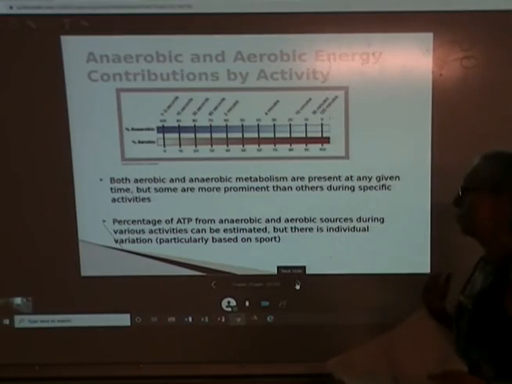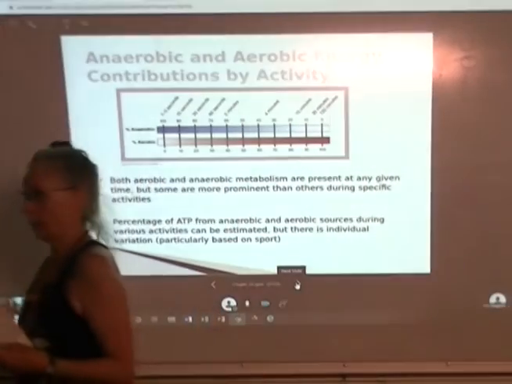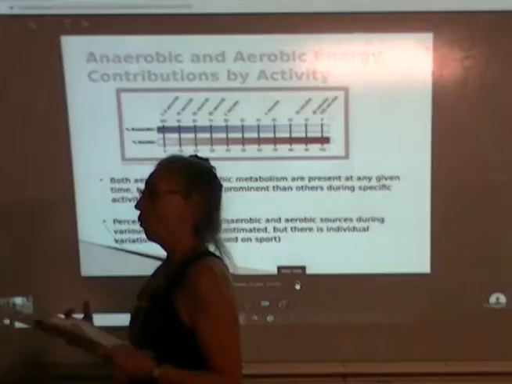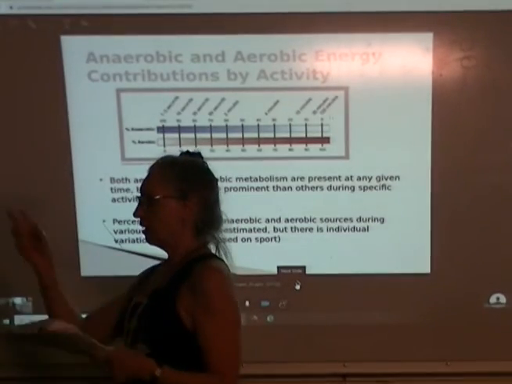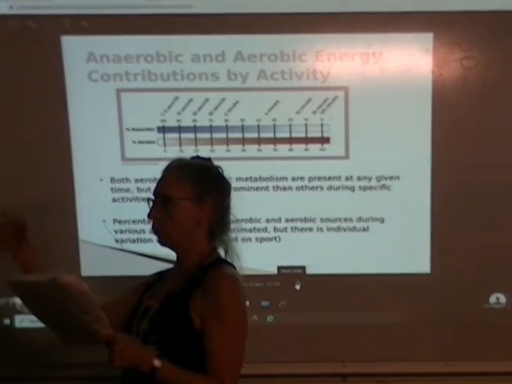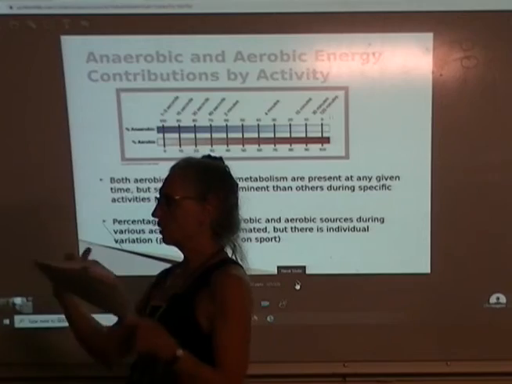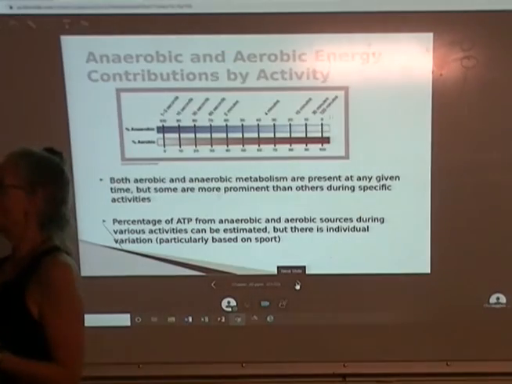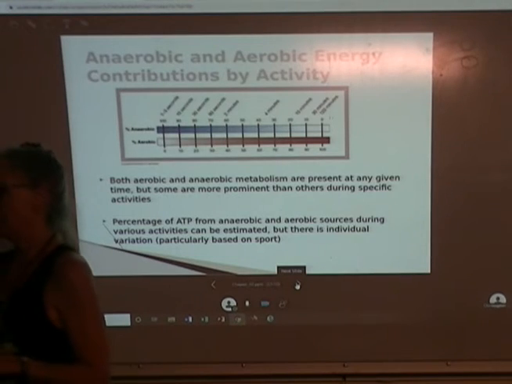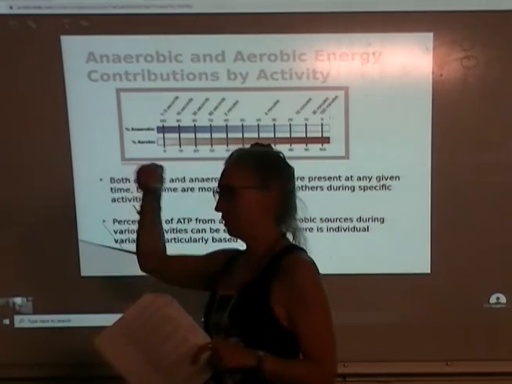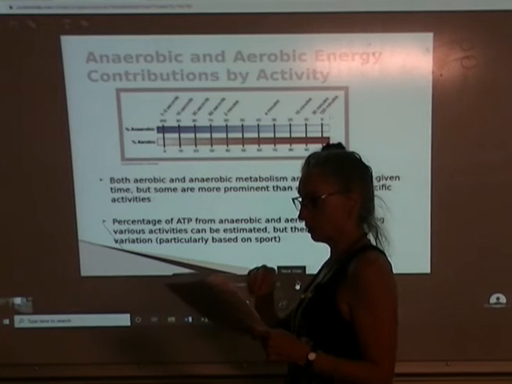If I do successive sprint bouts, so if I'm a soccer player, say, or if I'm training intervals, and I've got some kind of rest in between the bout or the interval, then the longer the session goes on, the more aerobic metabolism I'm going to need to deal with the fatigue from the earlier bouts and sprints.